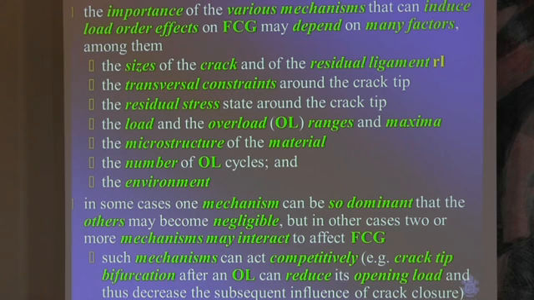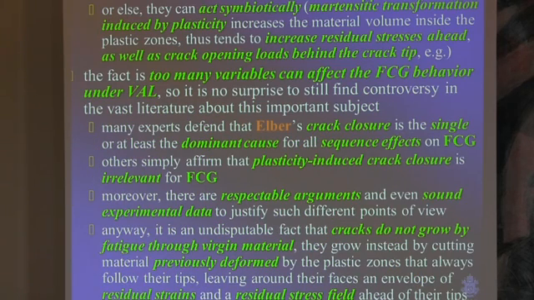For example, crack tip bifurcation after an overload can reduce the opening load and thus decrease the subsequent influence of crack closure. Or else they can act symbiotically. Martensitic transformation induced by plasticity increases material volume inside the plastic zones and tends to increase both residual stress ahead as well as practical opening load behind the crack tip.